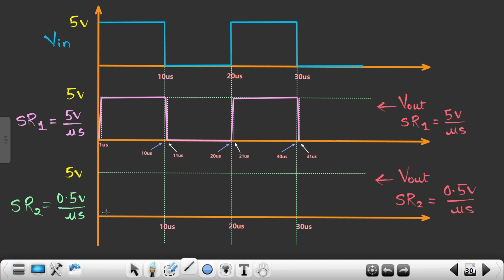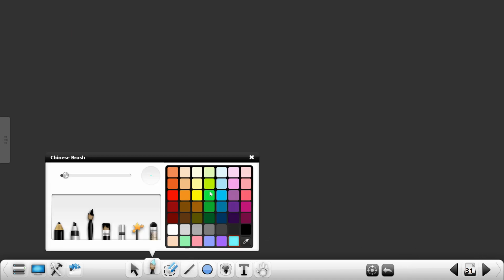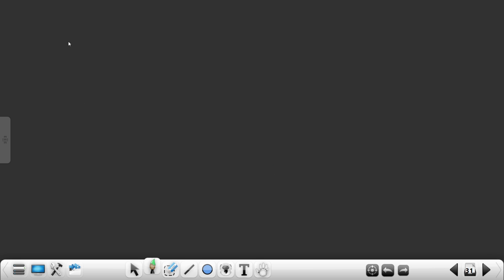So you see over here, what waveform will we get? If at the output side I am getting 0.5 volts per microsecond, at 10 microsecond what will be its value? It's pretty simple. For 1 microsecond I am expecting the output as 0.5 volts, right?